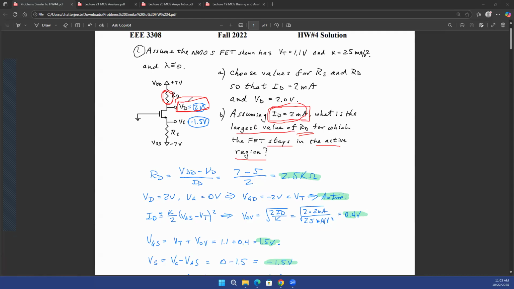And at some point, the VD will be so low that the transistor will go into the triode region, because VDS will start becoming lower and lower as VD is going lower. And why is VD going lower? Because you're increasing the value of RD, because you want to find out the largest value of RD for which the FET stays in the saturation region.